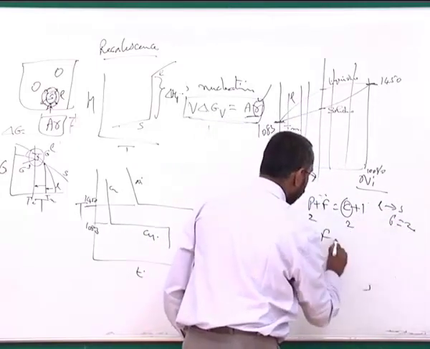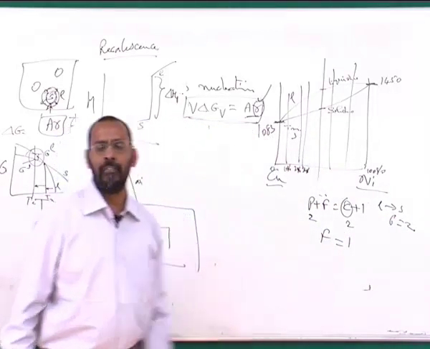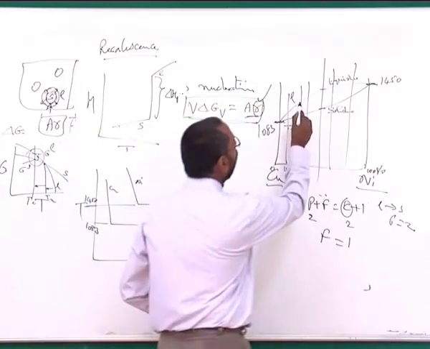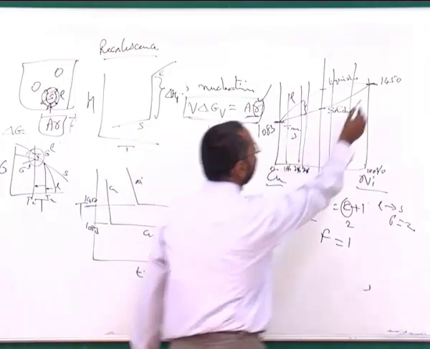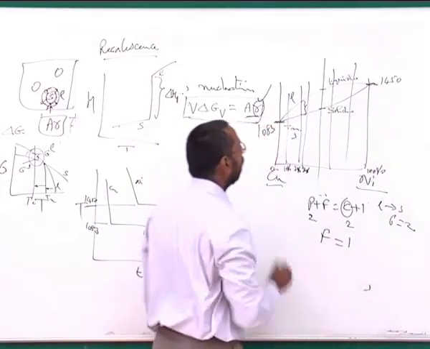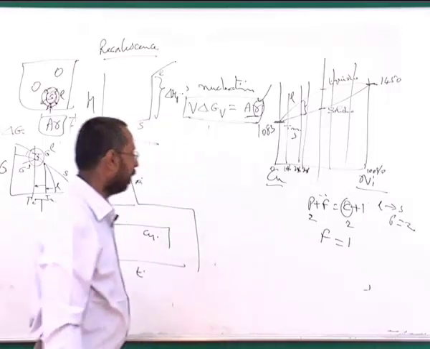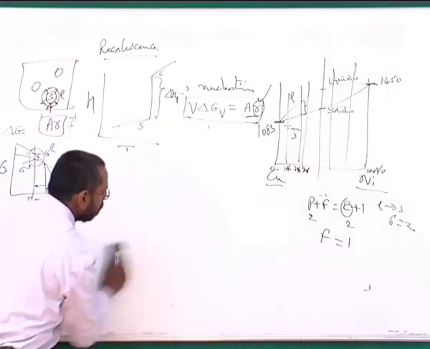So F becomes 1. Because the degrees of freedom are 1, you will see the solidification occurs over a range of temperature. Whereas here you can see solidification occurring at a fixed temperature, in all these alloys solidification occurs over a range of temperature. And that is reflected in the cooling curve.